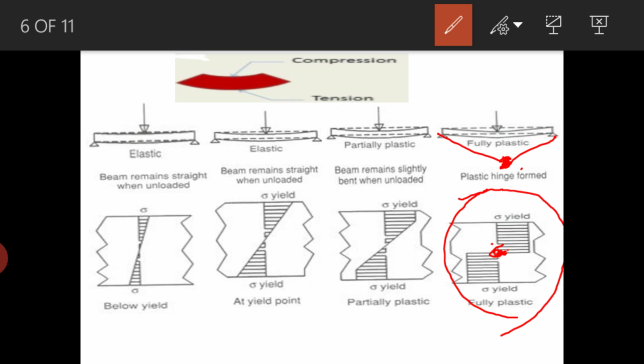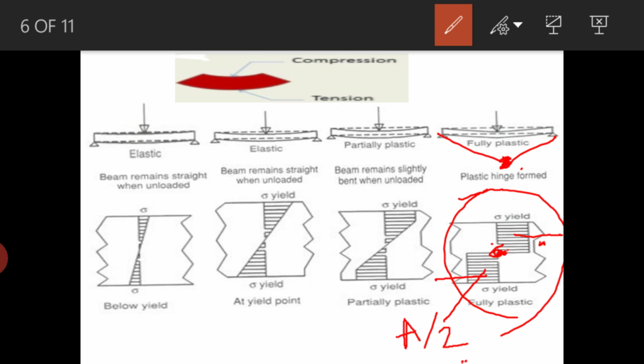At this stage, the area of the compression zone and the area of the tension zone of the section are each equal to half of the area, A by 2, and the total compressive force on this section is equal to the total tensile force on this section.